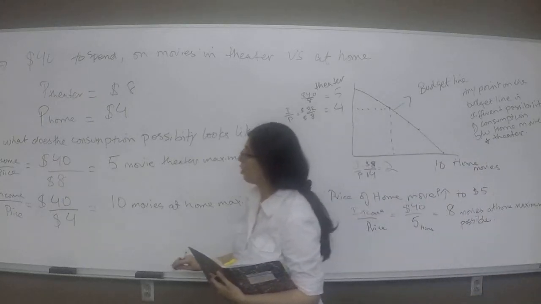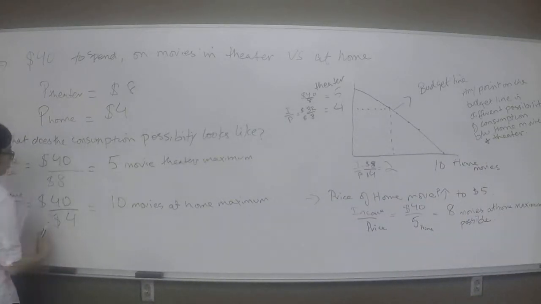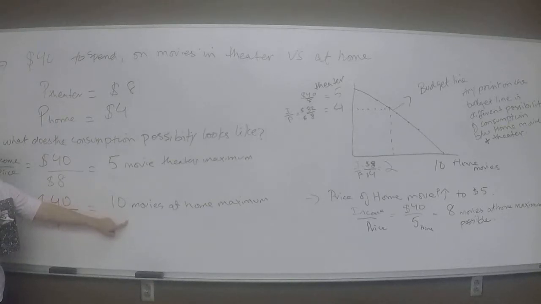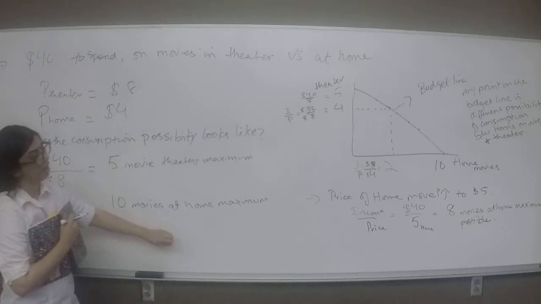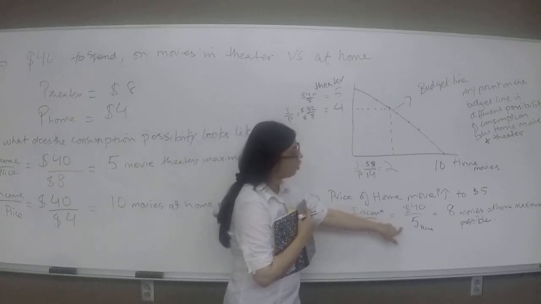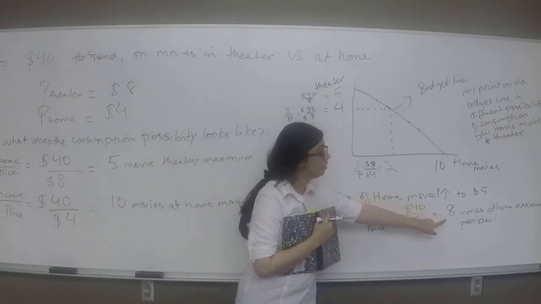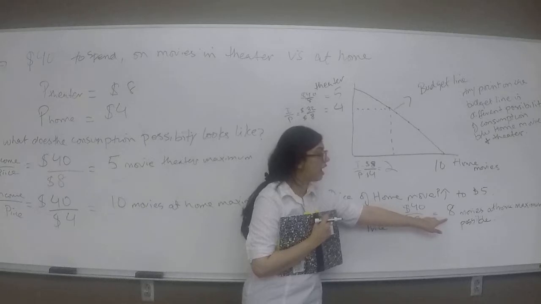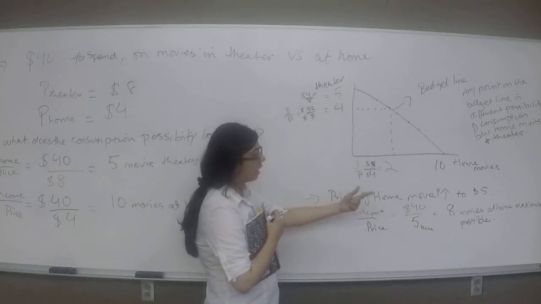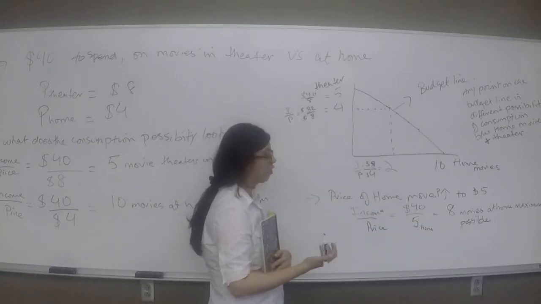So when home movies were $4, you could watch 10 movies at home maximum. Now that the price went up for home movies, you can only watch 8 movies at home, your maximum possible.